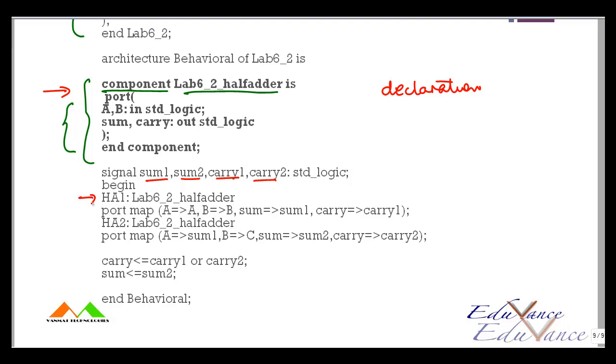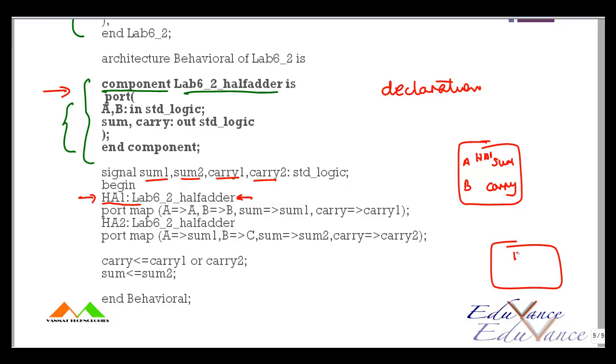First, I use my first half adder, which is HA1. This is the instance name and this is the component name. So I have inputs A, B, outputs sum and carry. Okay, this is my first half adder, HA1, and then I have another one, HA2, whose inputs are A, B, outputs are sum and carry.